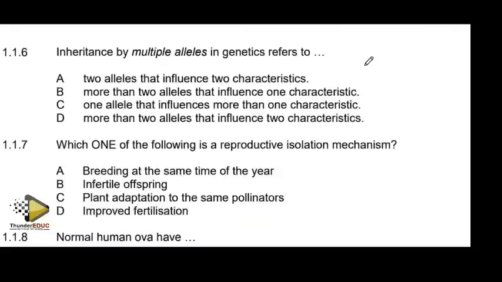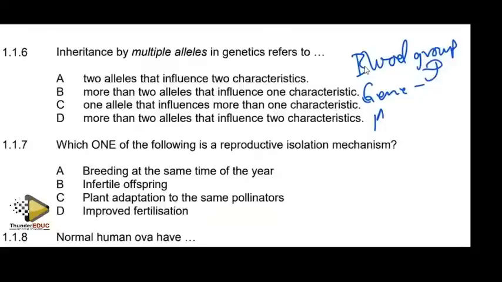A good example for this is blood group. It is one gene. Which gene is blood group? That's one character. And then how many alleles are there? We have the allele for A, a dominant allele; for B, a dominant allele; and the allele for O, a recessive allele.